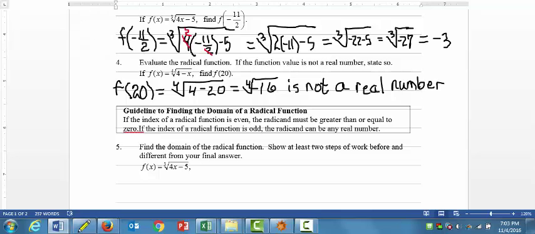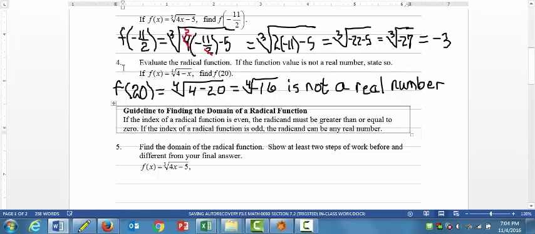So in other words, when I'm dealing with functions, in order for my function to be defined at a particular value, the result has got to be a real number. So if I apply an even rooted radical to a negative number, the function is undefined.